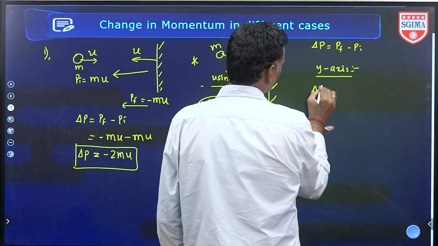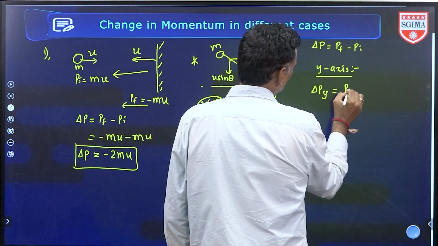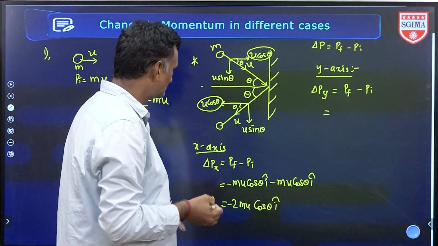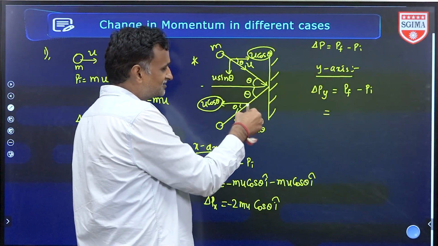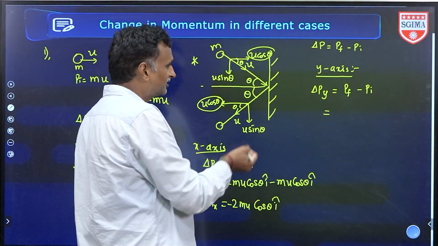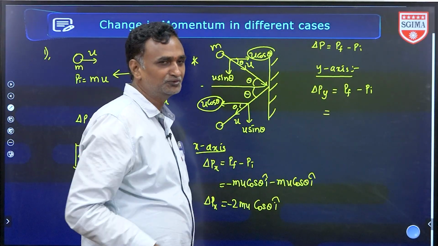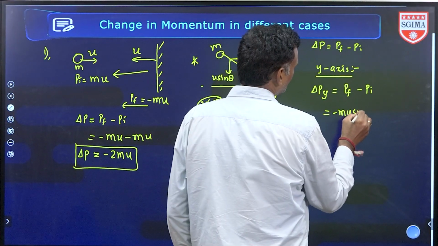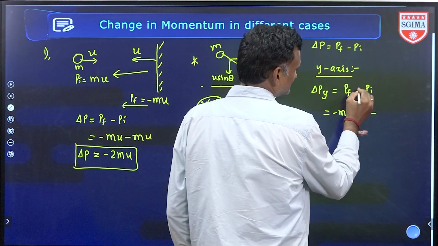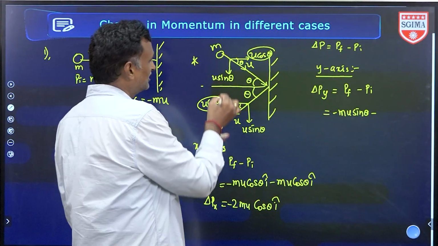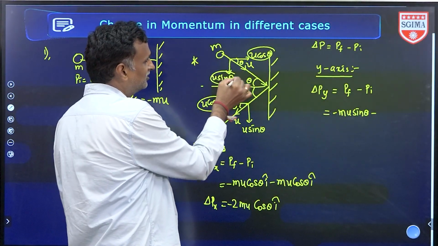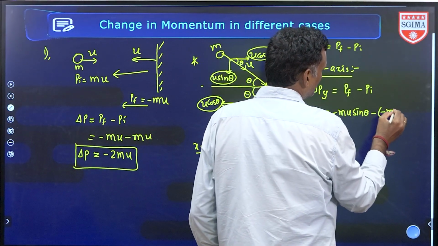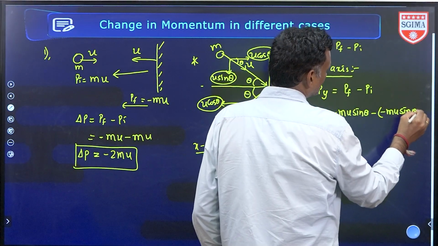So delta p y equals p final minus p initial. P final is downward here, and downward I take as minus, because upward we are taking positive, as I told you. So minus m u sin theta, minus, and this minus is from here; next, the initial is also downward, so again we take minus: minus m u sin theta.